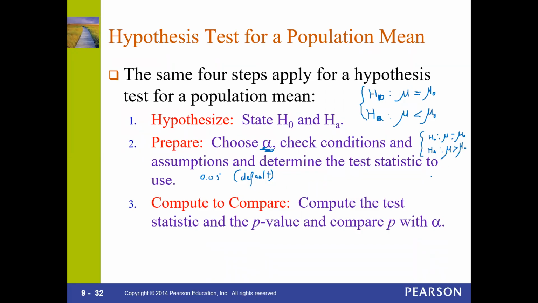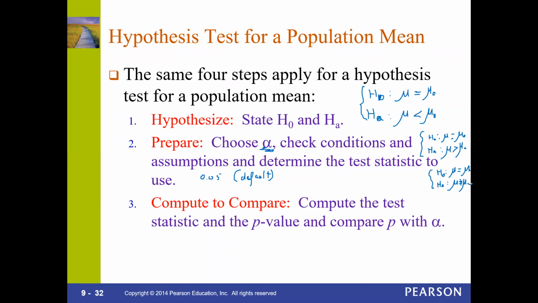And then the last one: H0, mu is equal to mu sub 0, and HA, mu is not equal to mu sub 0.